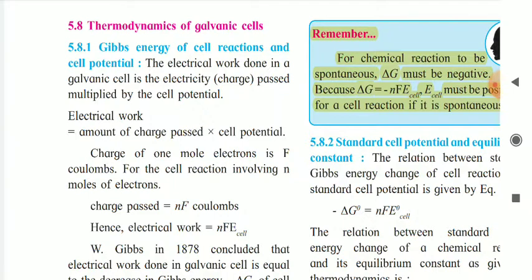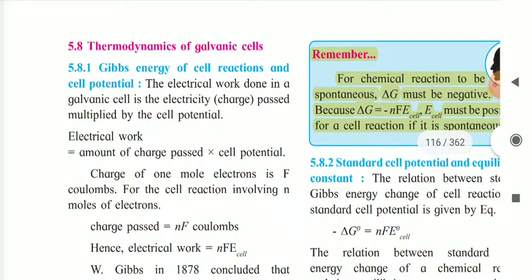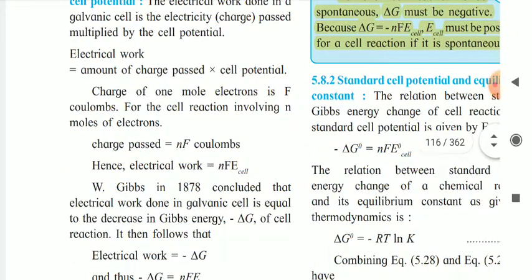For different kinds of reactions, the electrical work done in a galvanic cell is the electricity or the charge passed multiplied by the cell potential. This is the formula. By using that formula we can calculate the Gibbs energy of cell reactions. The electrical work is the amount of charge passed multiplied by cell potential.